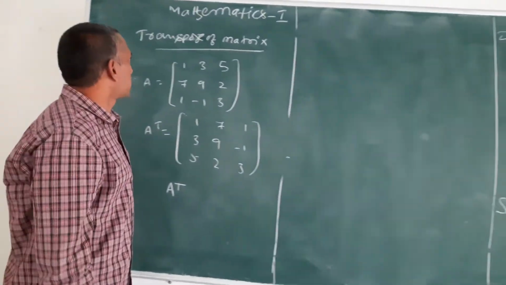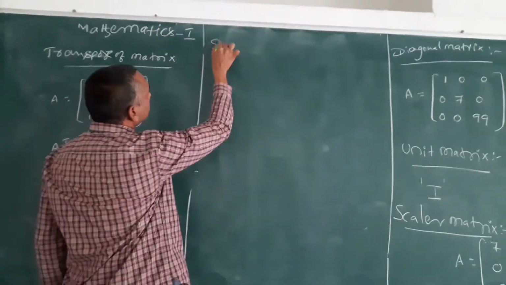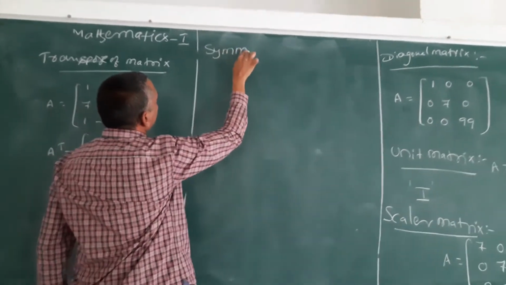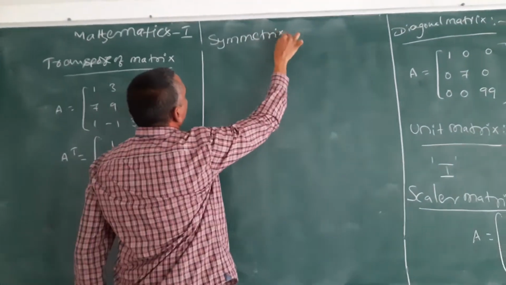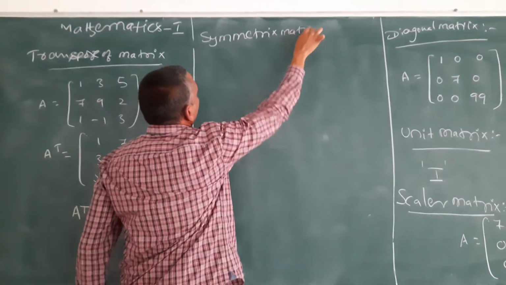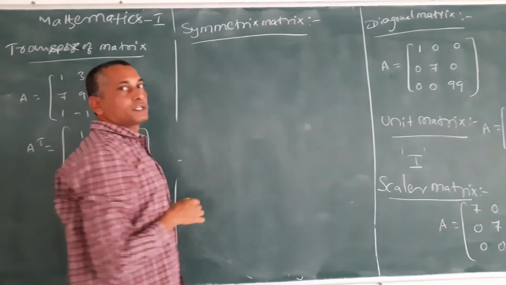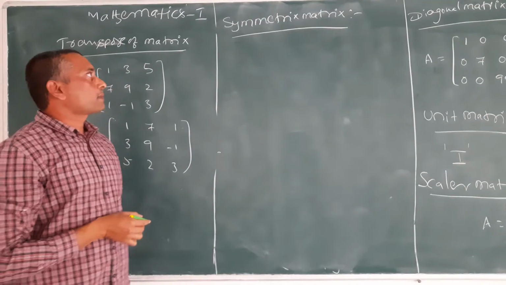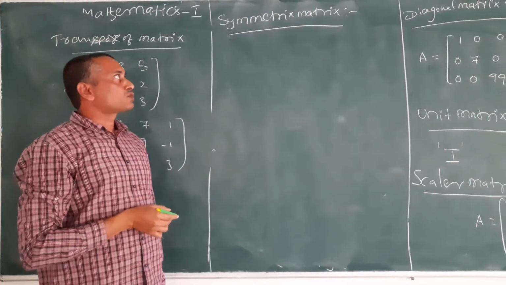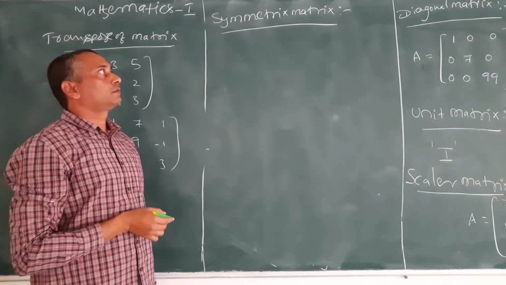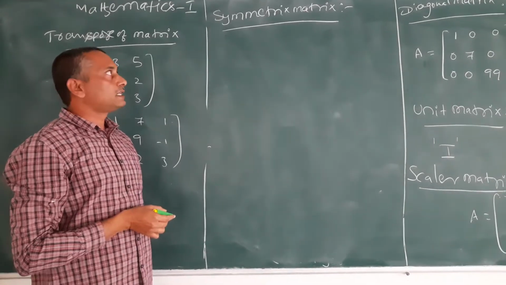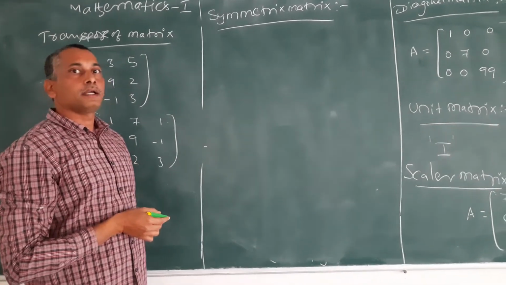Next, symmetric matrix. What is a symmetric matrix? A square matrix A_ij is said to be symmetric if A_ij equals A_ji for every i and j.